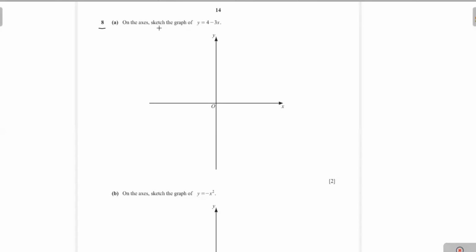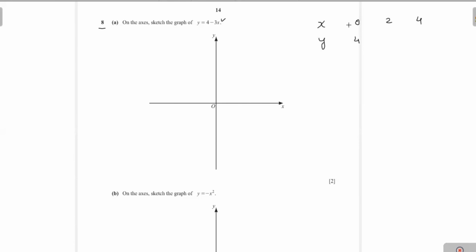Question 8, part A. On the axis sketch the graph of y equal to 4 minus 3x. We can sketch this graph by taking some values of x. Suppose the value of x is 0, 2 and 4. Against these values, we find the value of y. When x is 0, the value of y is 4 minus 3 into 0, which is 4.